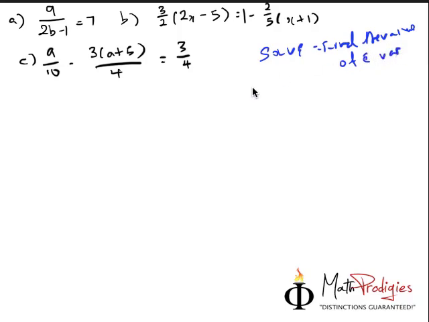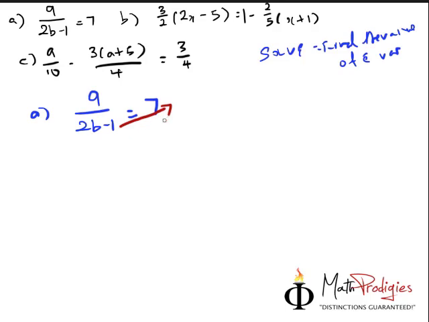Okay, so in this case, for part A, how do you find this? When 9 over 2b minus 1 equals 7, what you can do is something called cross multiplication. Cross multiplication is basically multiplying one side to another. So you bring this over and you multiply here.